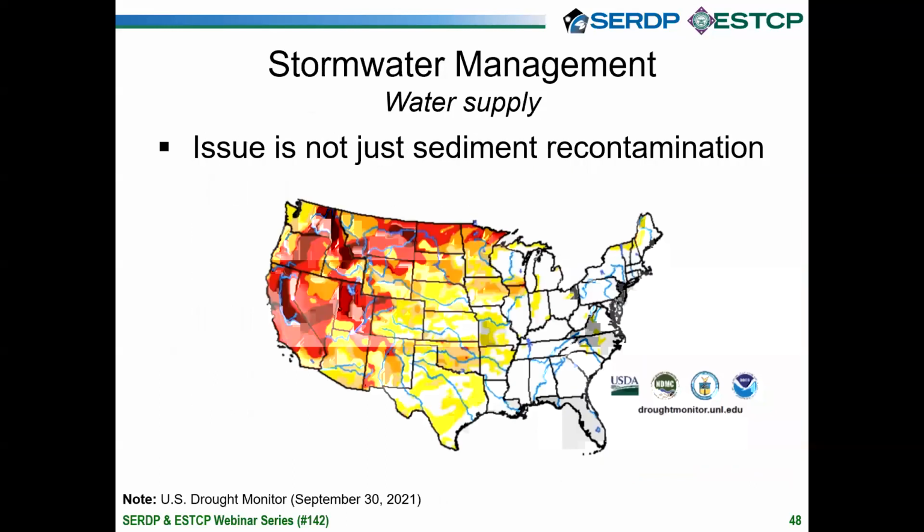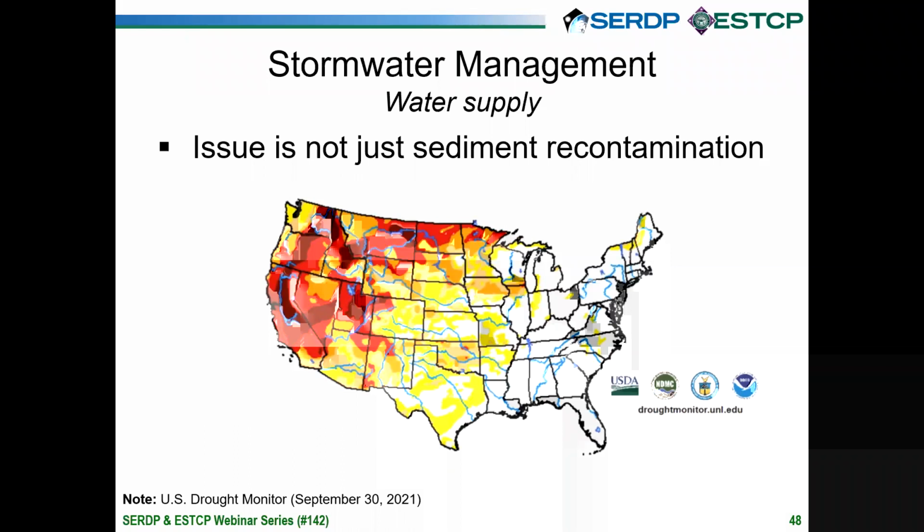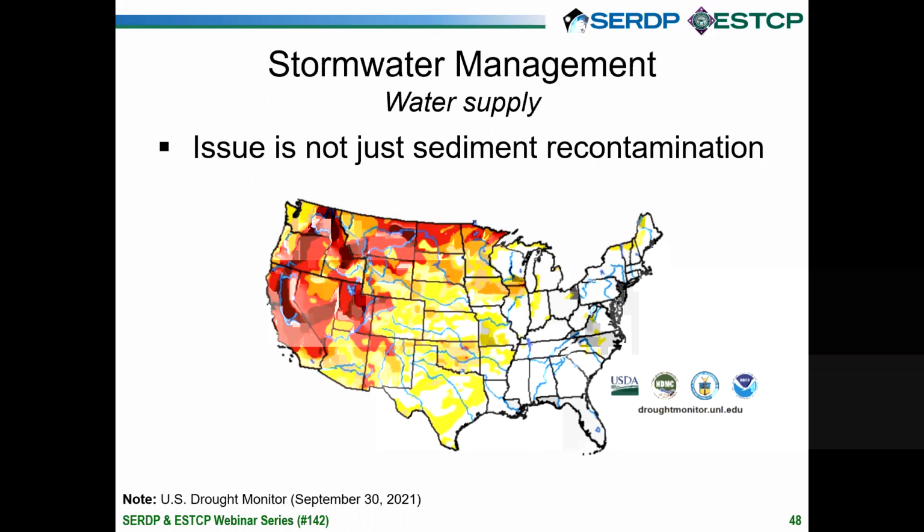So the issue here with stormwater management is not just sediment recontamination, but looking at this other picture of how we can manage our stormwater, capture, treat, and then use it for water supply. And out here in the West, we're in a drought, though in Northern California, we might get a heavy rain this weekend.